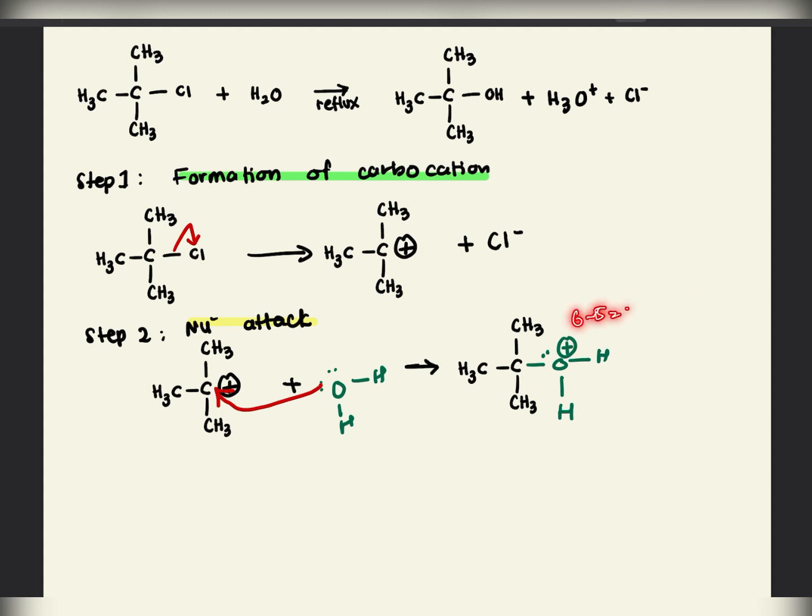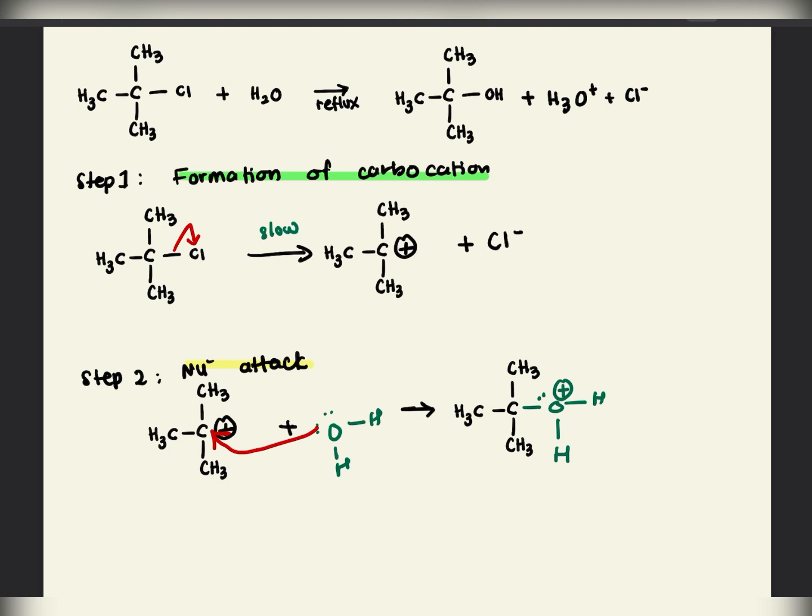So untuk oksigen dekat sini, kira formal charge, kamu akan dapat positif. So now kita ada extra 1 hydrogen, 1 proton. So macam mana kita nak remove this hydrogen? So another water molecule akan pick the hydrogen and remove it from the structure ataupun the group.